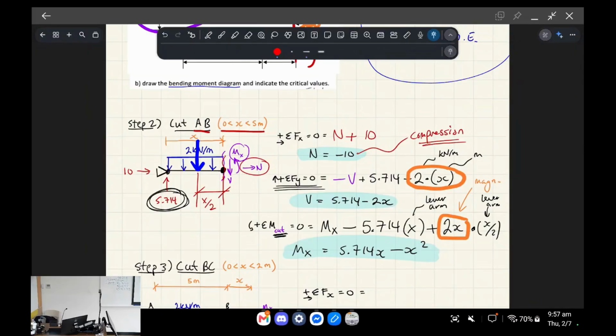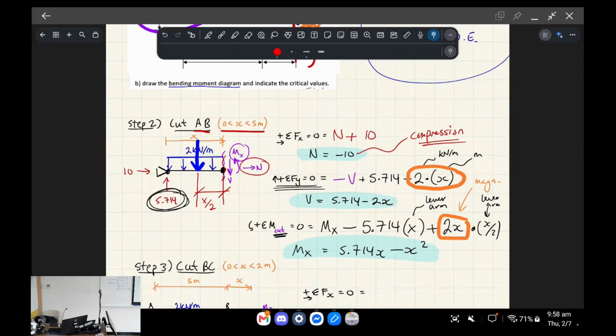So you have the beam, and the idea is that the whole system is in equilibrium.